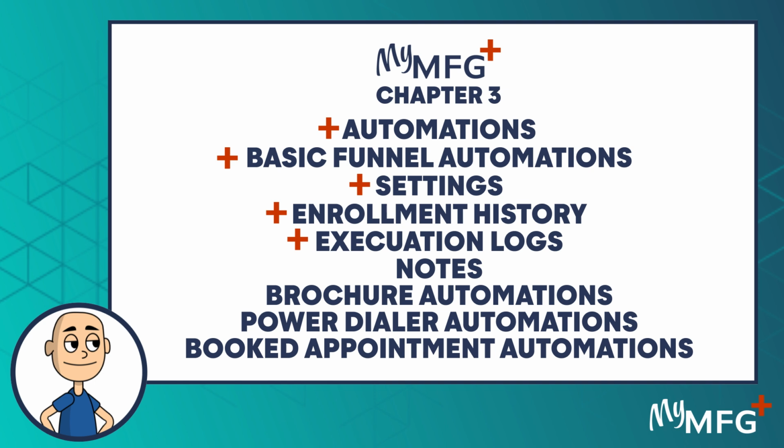And this allows you to track back where issues may have taken place. If the automation is not working properly, you can look up in the enrollment history or in the execution logs or in the notes area to kind of figure out why or where it went wrong.